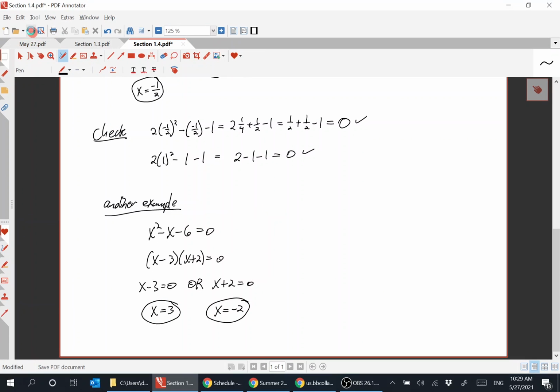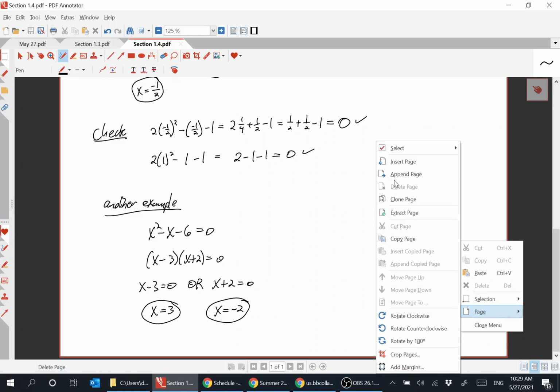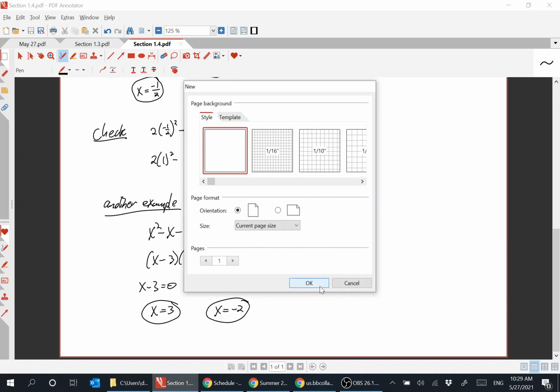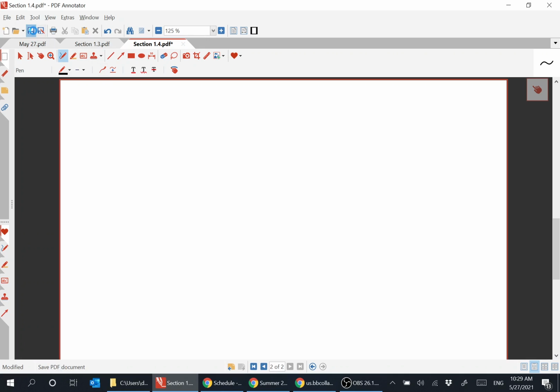So that's great as long as you can factor the polynomial. If you can't factor the polynomial, there is a general solution method which involves completing the square.